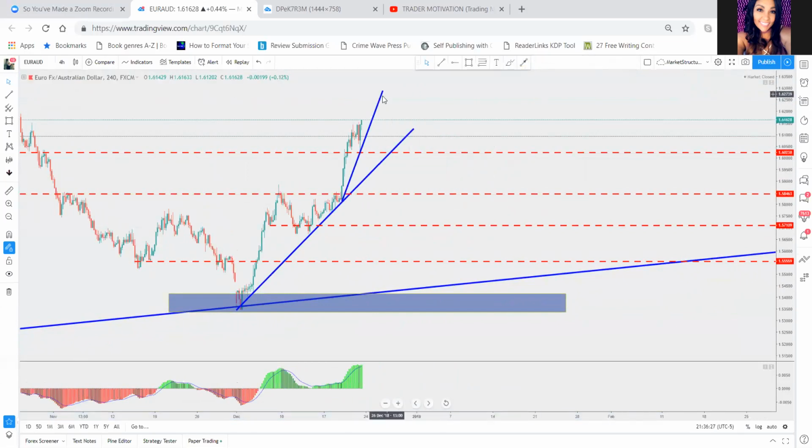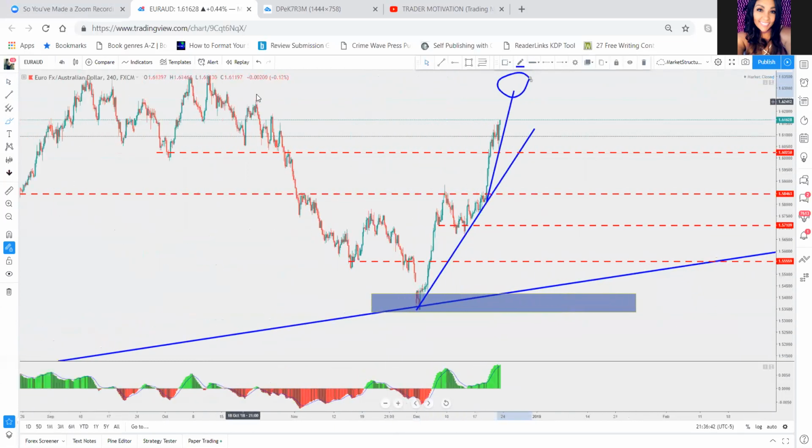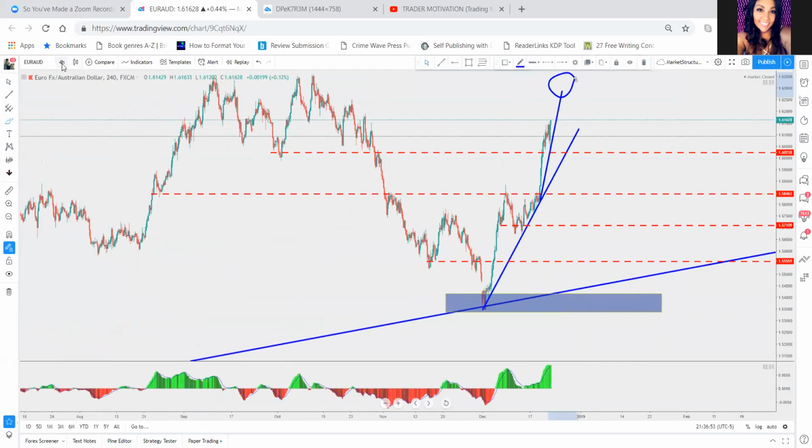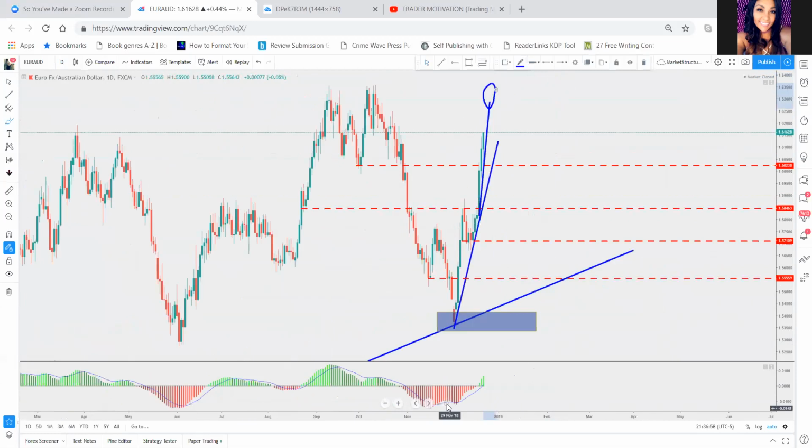You would just keep buying and buying, and you might get up here and put in a buy. Then all of a sudden the market reverses on you and you don't know why. Well, if you look left, it's because every time it got here, so this would be a not so smart area to buy, because every time it has gotten to that area, the market has reversed. So before you enter any trade, always look left and try to determine what the market did the last time it was at that area, okay?